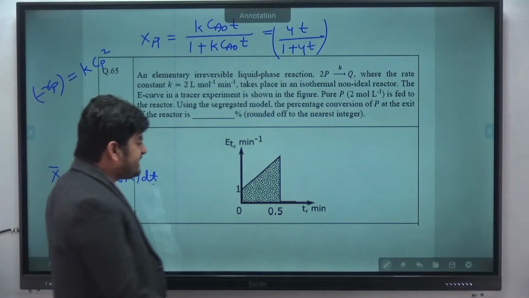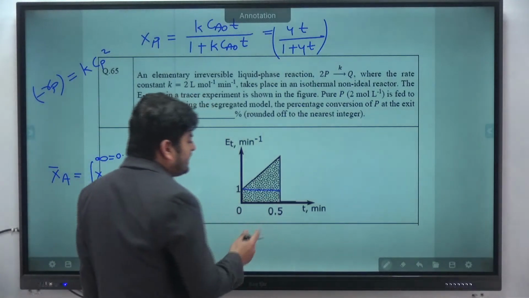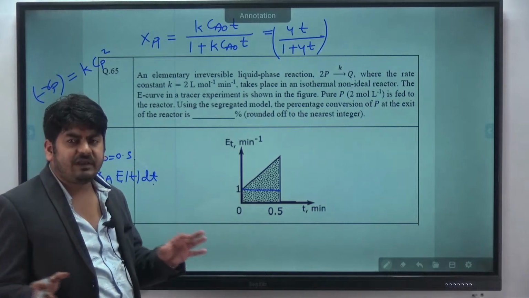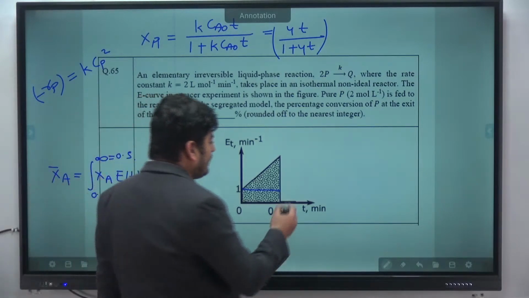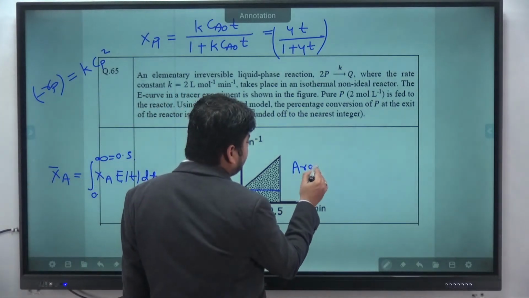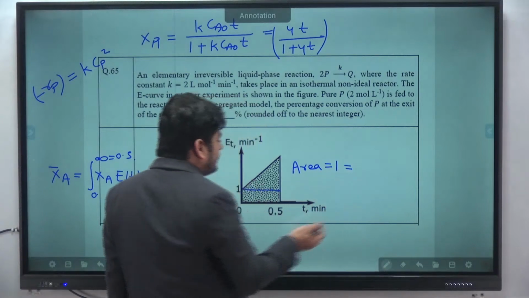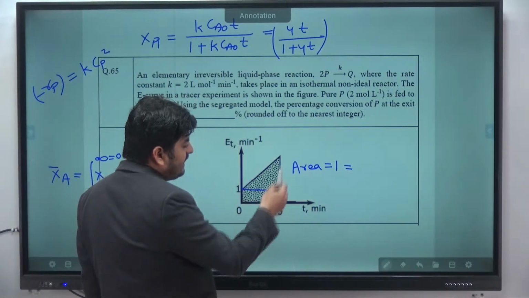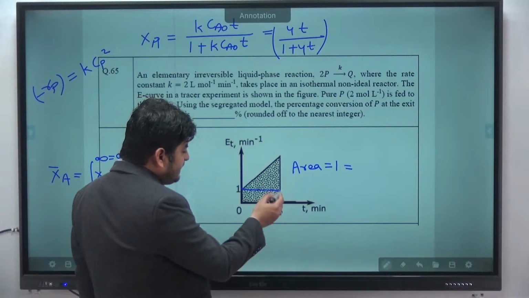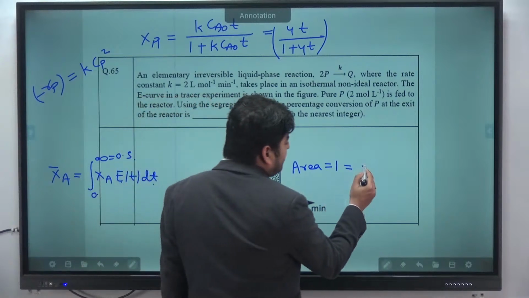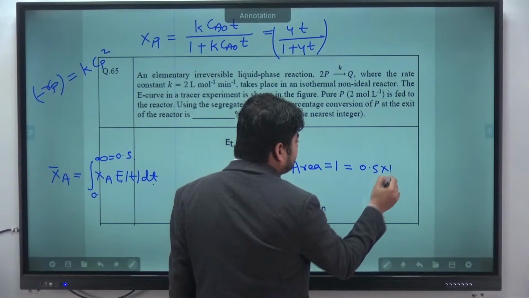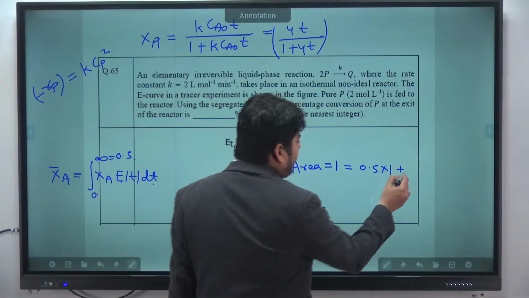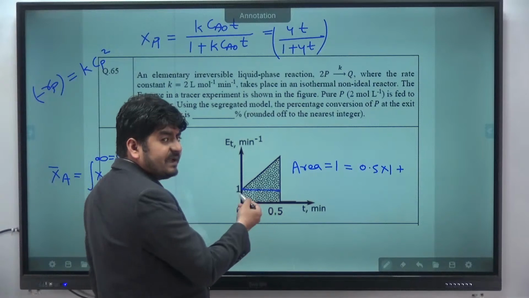That is absolutely easy. All of us know that the area of the E curve in the total time interval will always be 1. If you break this curve into two parts, this is the rectangle and this is the triangle. The area of the rectangle is base into height, that is 0.5 into 1, plus the area of the triangle, half into base into height.